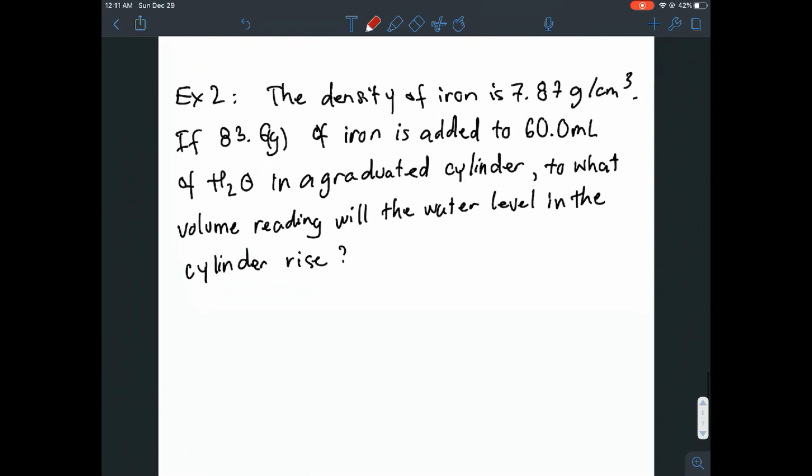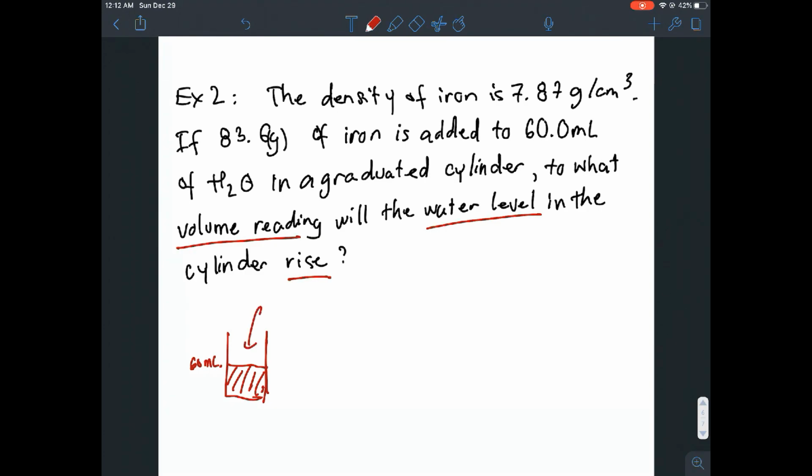Next, that is the second example. You want to calculate the volume reading of the water level when it rises. You add something into the water. For example, here the water is 60 milliliter, right?